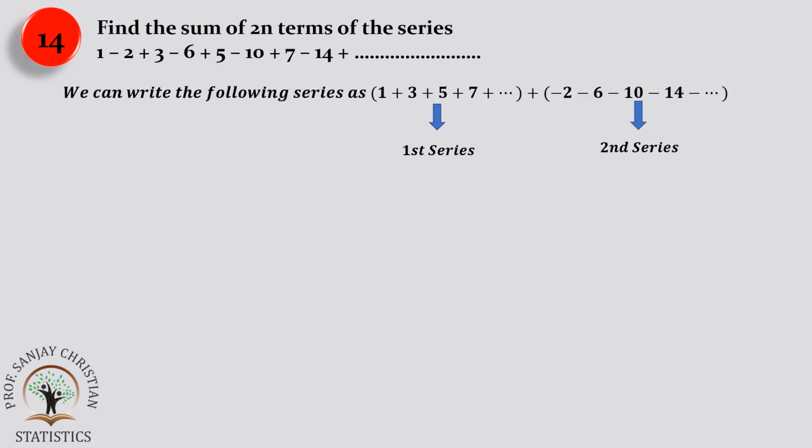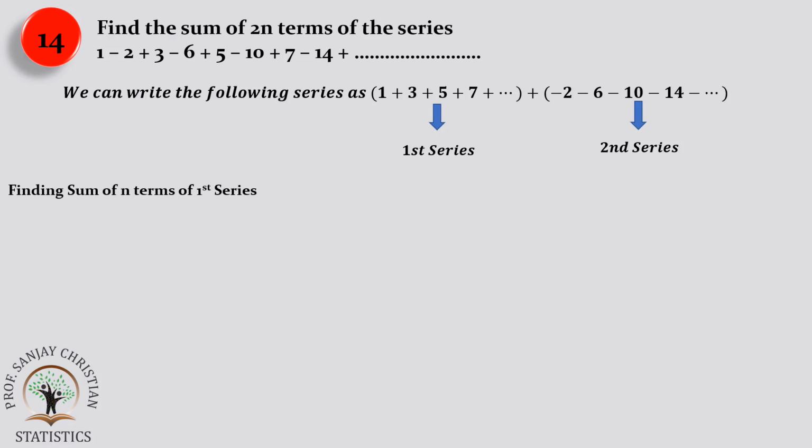Can we find sum of n terms of this series and sum of n terms of this series, and can we write it as n plus n as 2n? Yes, we can. So let us find the nth term of the first series and the nth term of the second series.